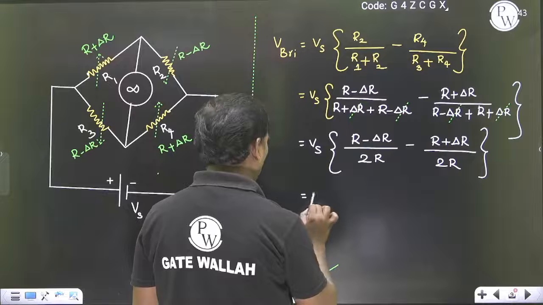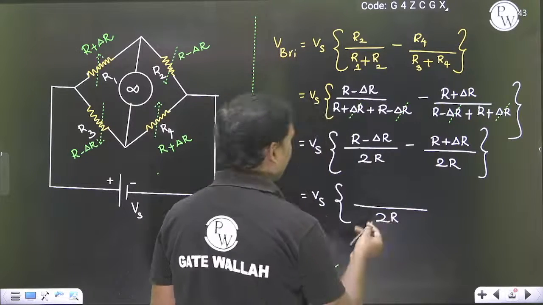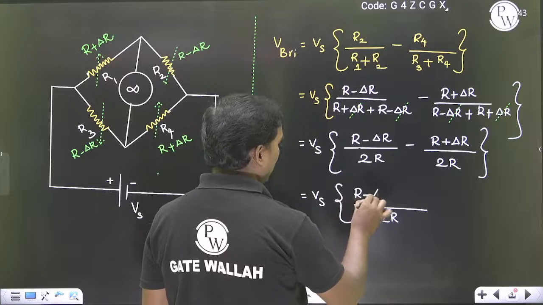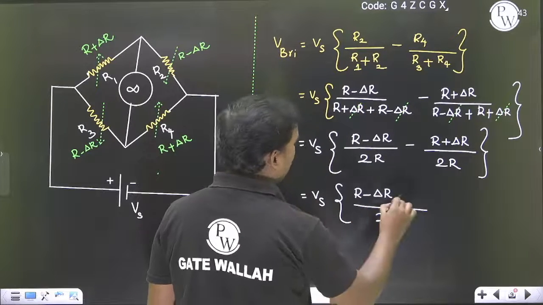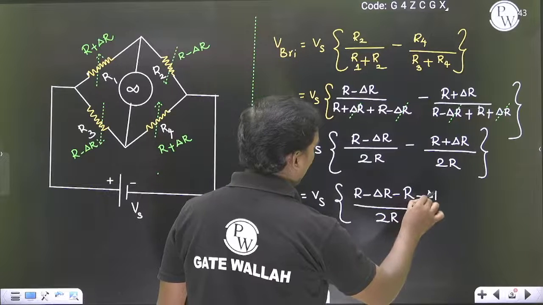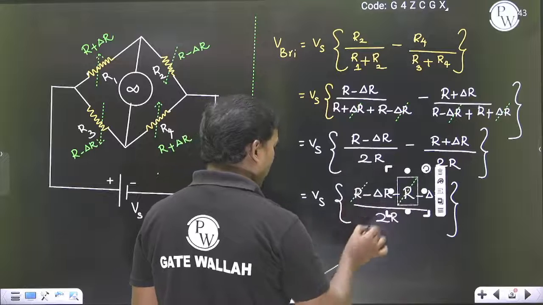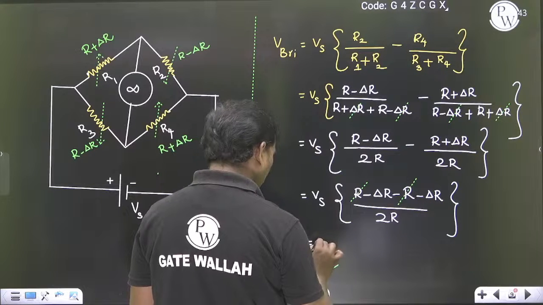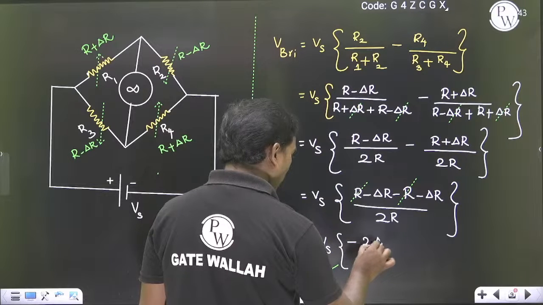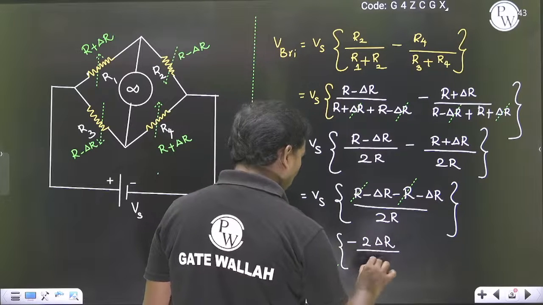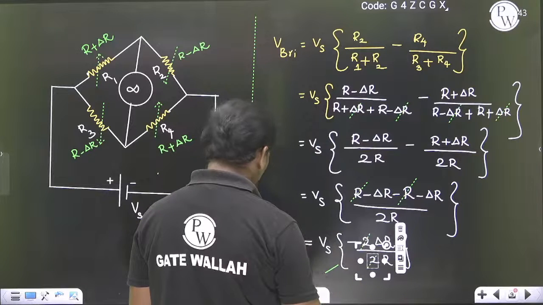So taking Vs by 2R, this will be R minus delta R minus R minus delta R. So R gets cancelled. So this is Vs into minus 2 delta R by 2R. So 2 gets cancelled.